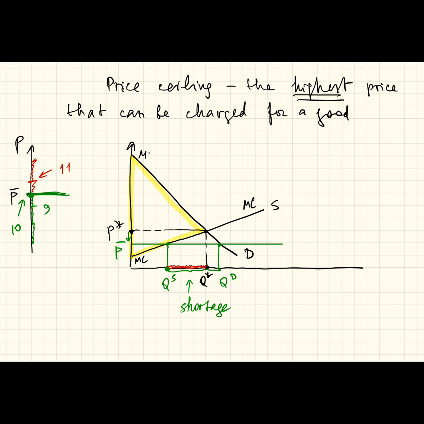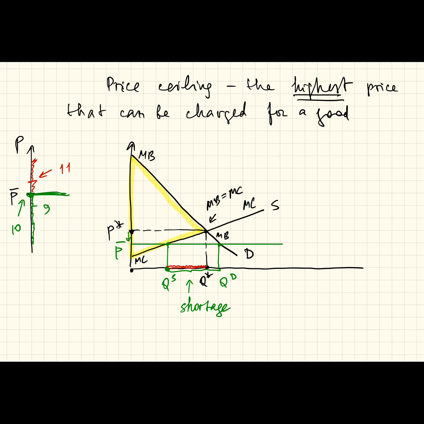This is the marginal benefit curve. For every unit starting from here and all the way to this point where marginal benefit meets marginal cost, marginal benefit exceeds marginal cost. So by producing and consuming every unit up to this point, we are generating total surplus.